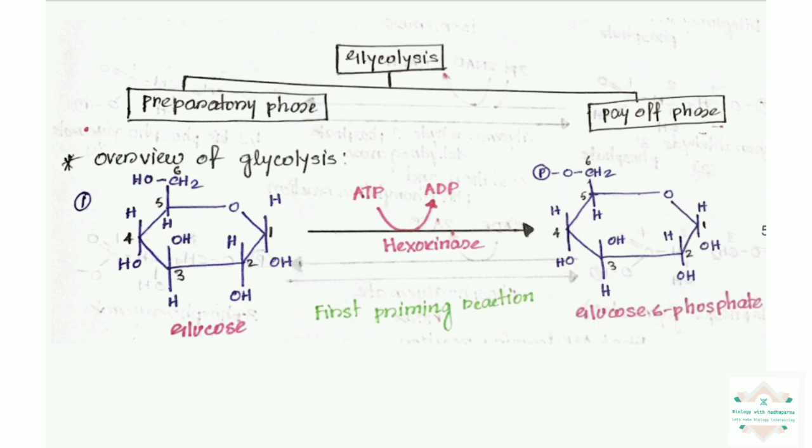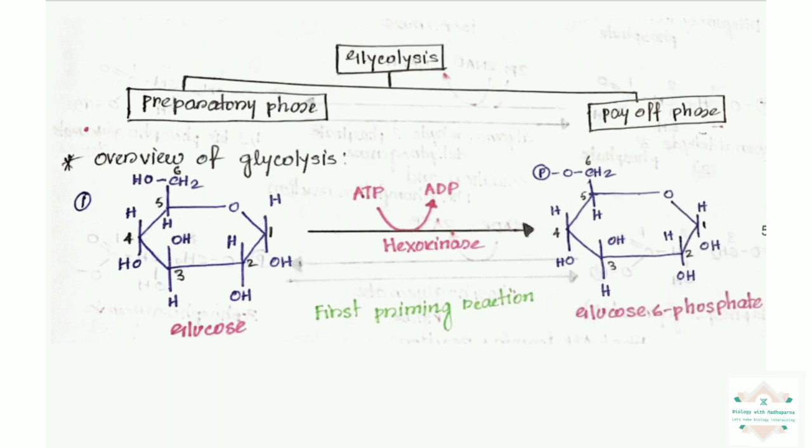glucose is finally converted into pyruvate via 10 reactions. So let's start. In the very first reaction, glucose is converted into glucose 6-phosphate with the help of the enzyme hexokinase. What this hexokinase does, one ATP comes in.